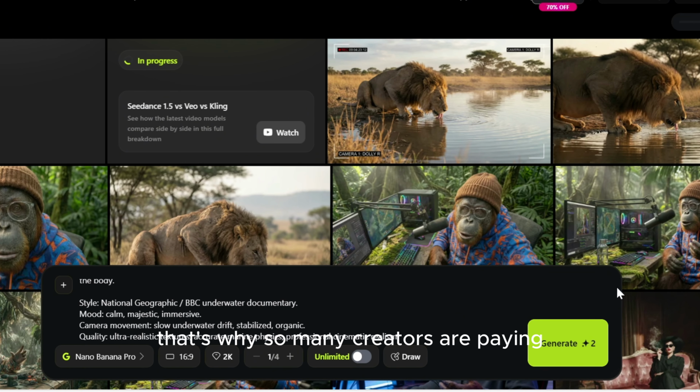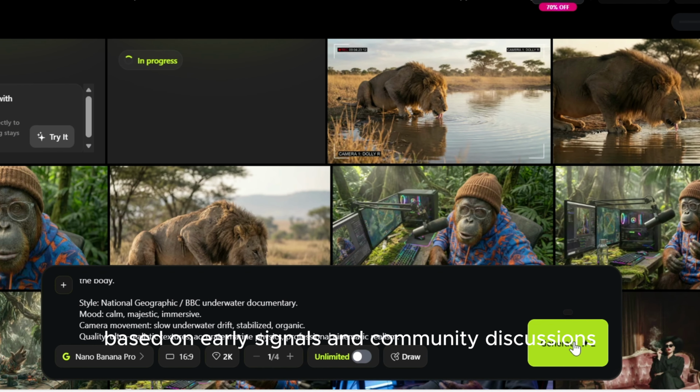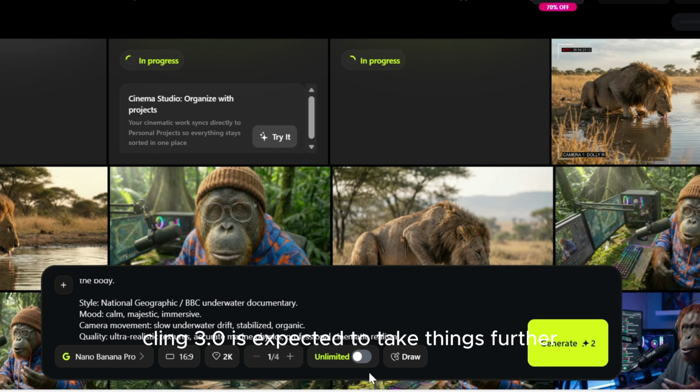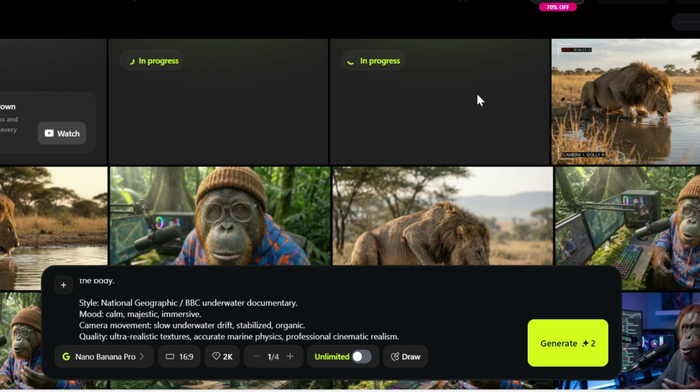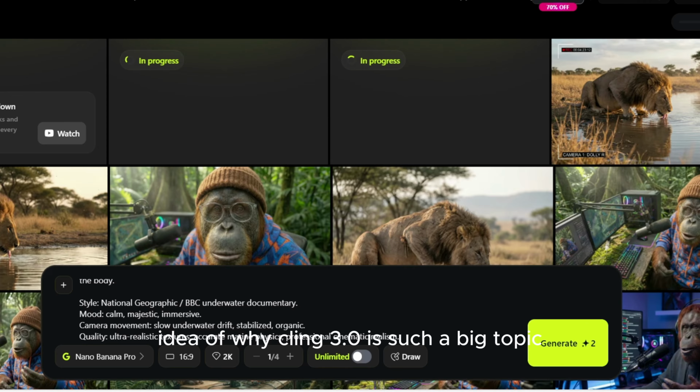That's why so many creators are paying close attention to what's coming next with Kling 3.0. Based on early signals and community discussions, Kling 3.0 is expected to take things further with smoother motion, better scene consistency, and a more connected creative workflow. Again, these are expectations, not final features, but they give us a pretty clear idea of why Kling 3.0 is such a big topic right now.